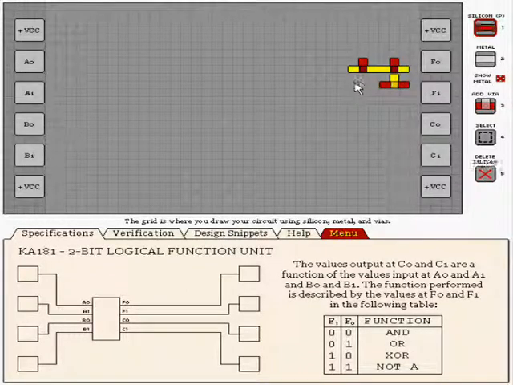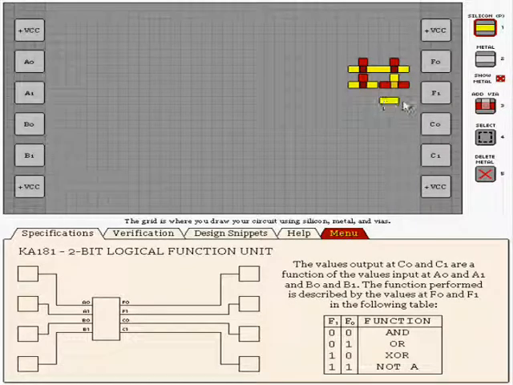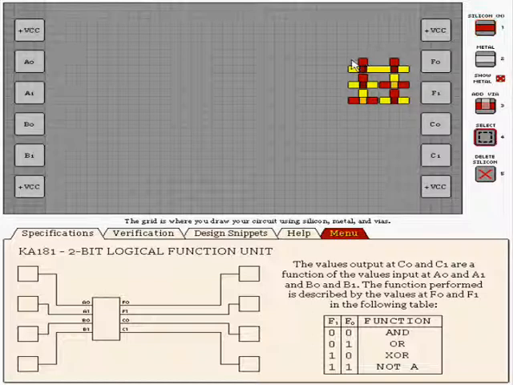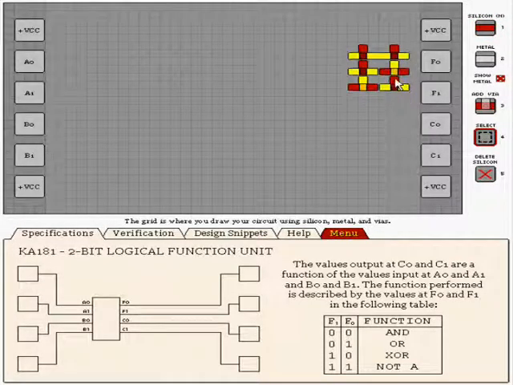F0 is going to be the first line. Move it up here.